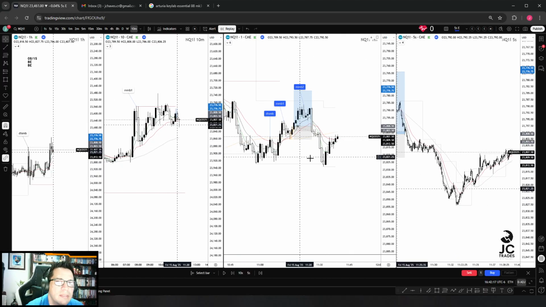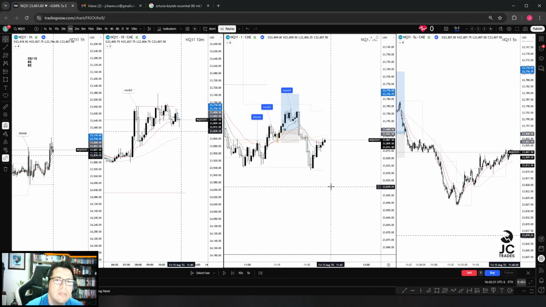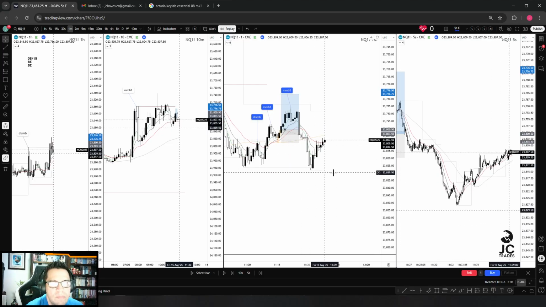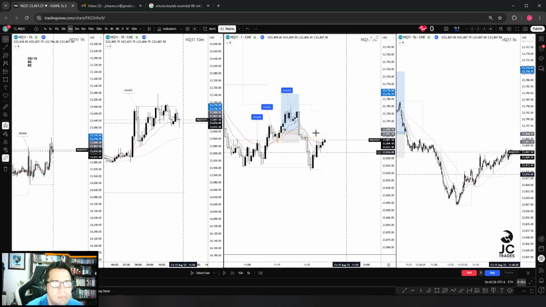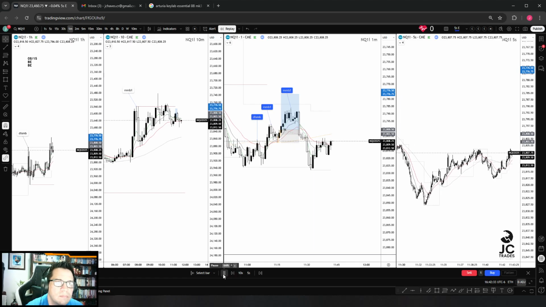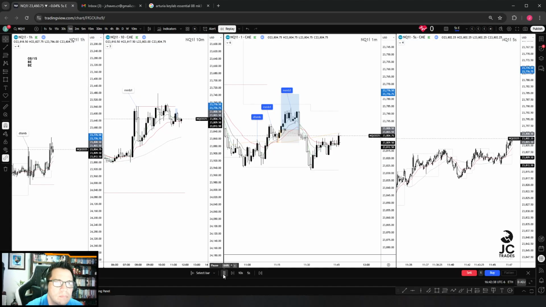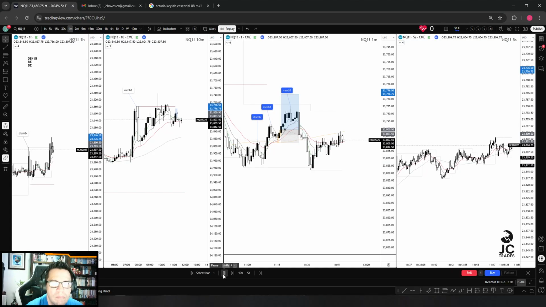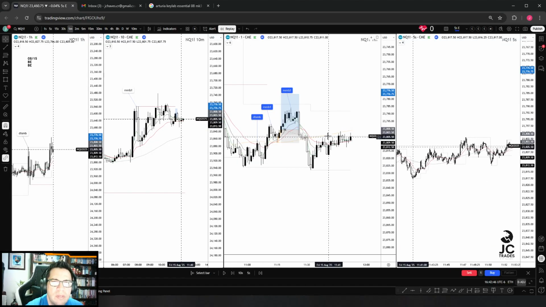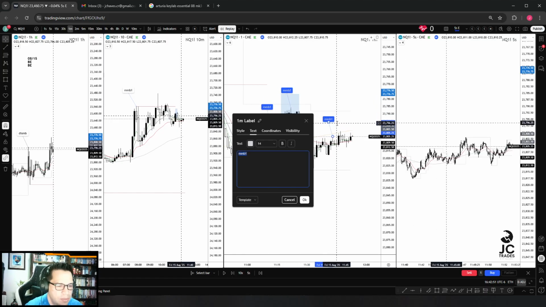Now we had sellers coming in here reacting from this point. So at this area we have to wait and see if there's some sort of, once again, distribution building around this area into a new cycle. So around this point here, at the time price was developing, I would be considering this as a distribution MB.